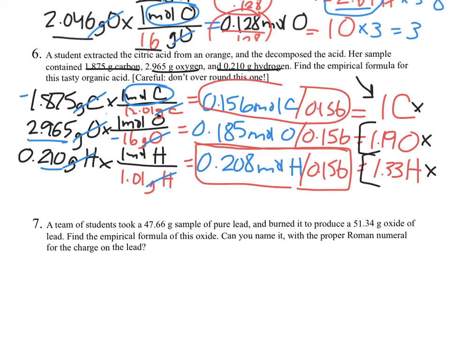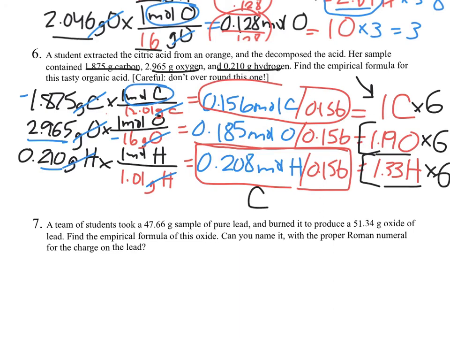So if I double them both, they don't turn out to look very pretty. If I triple them both, they don't turn out to look pretty. Hydrogen would, but unfortunately oxygen would not. If I multiply by 4, it's not pretty. If I multiply by 5, it's not pretty. If I multiply by 6, they all get pretty darn close to a whole number. And so that's the one I ended up doing.